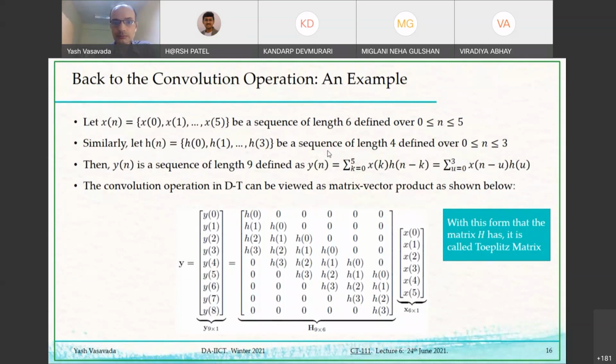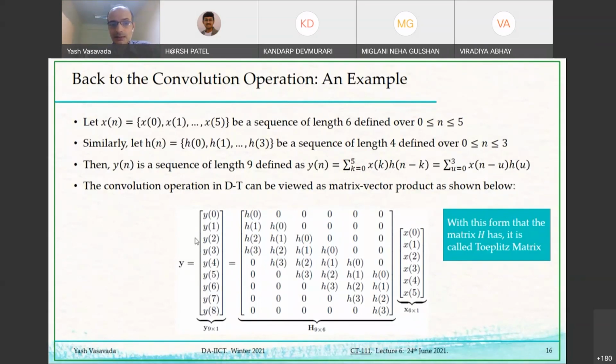Okay, so a few more viewpoints of the convolution operation before we move on to the next topic. One is that this type of equation, written as a summation of some values which are getting multiplied, can be converted into linear algebra.